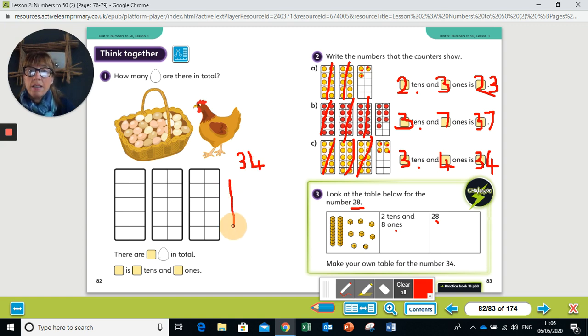I'd need to have 1 10, 2 tens, 3 tens. Is that enough? How many tens in the number 34? That's right, 3. 1, 2, 3.